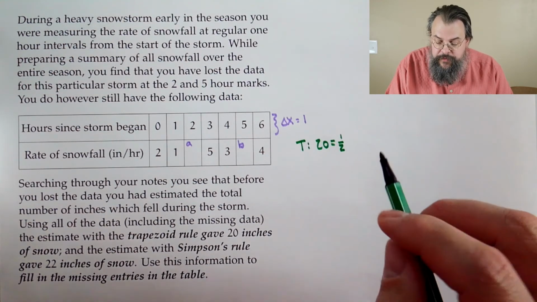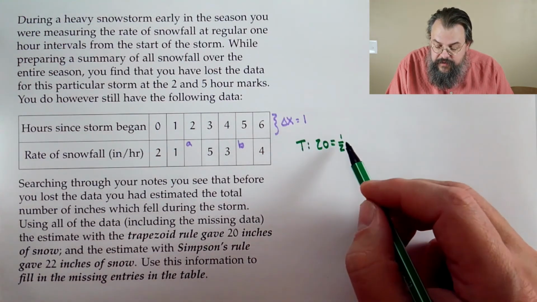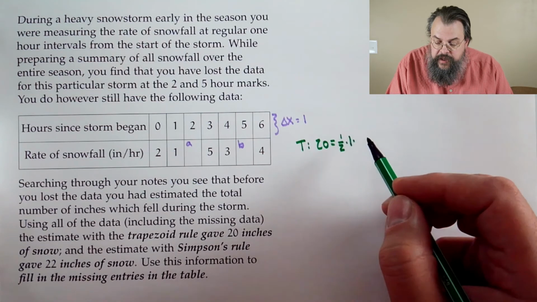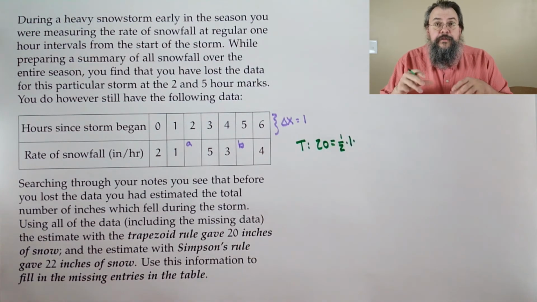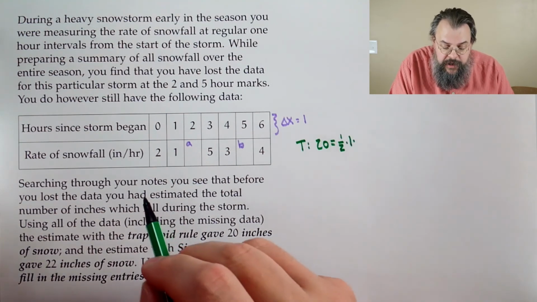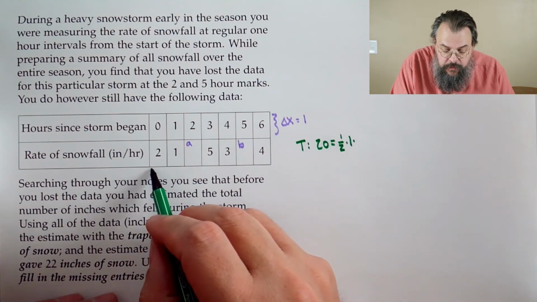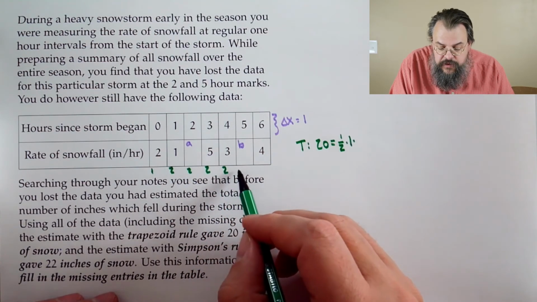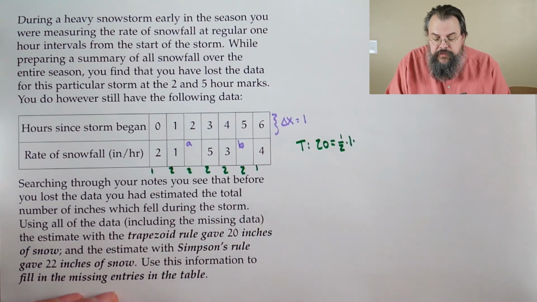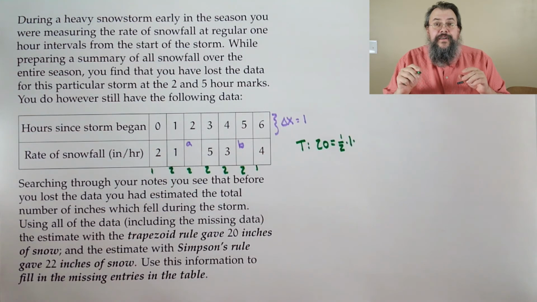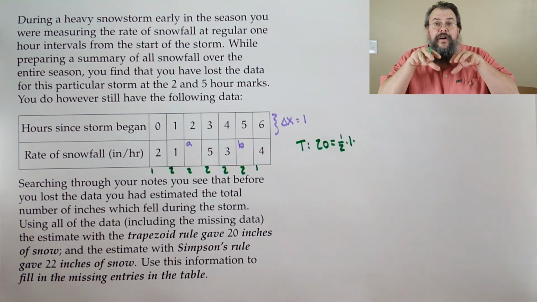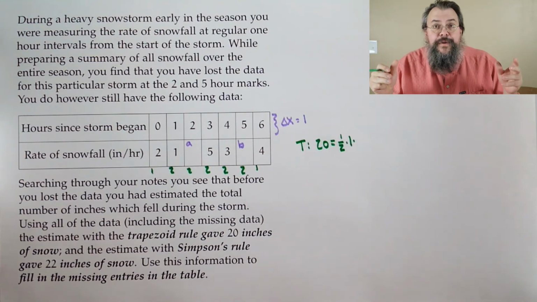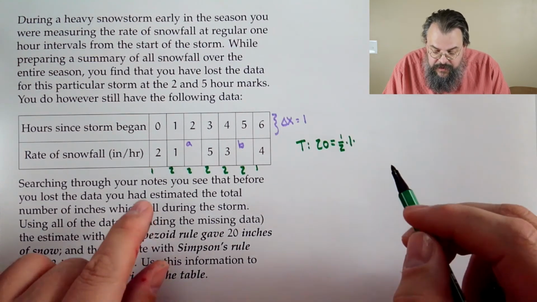That's where the 1/2 comes from. Delta x is 1. And now we have to think of the pattern. For the trapezoid rule, it goes 1, then 2, 2, 2, 2, 2, 1. So in essence, all the middle points are equally weighted, and the endpoints are half as much, right?